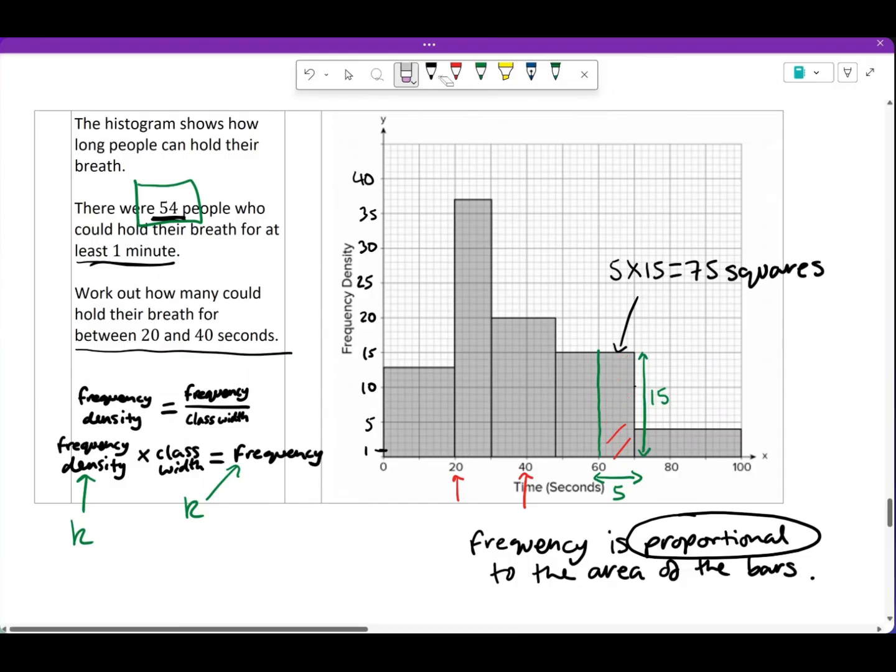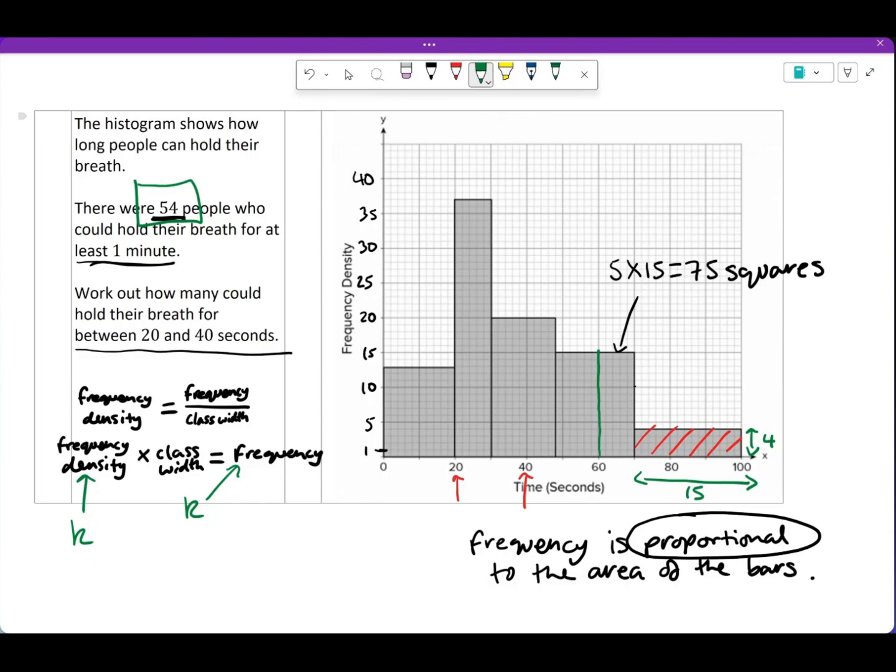Now let's do the other part, which is greater than 60 seconds. So I'm going to shade that in red now. I want to work out how many little boxes are in there. So if we consider first along the bottom, we have 3 big boxes, so therefore we would have 15 going along the bottom. And then going upwards, we've got 4 little boxes.